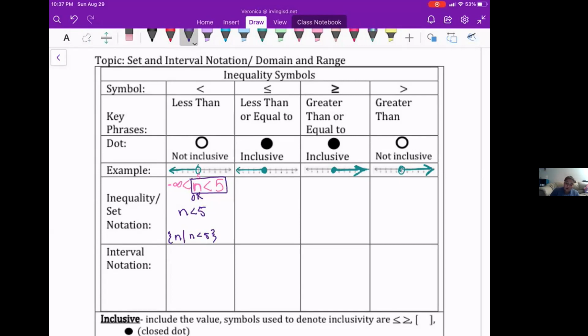Okay. So for the next one, again, we're using the number 5. And we want to know, where do these values, what numbers are we using? So we're going to use n, and n is between. So n has to be bigger than the number on the left, but smaller than the number on the right.